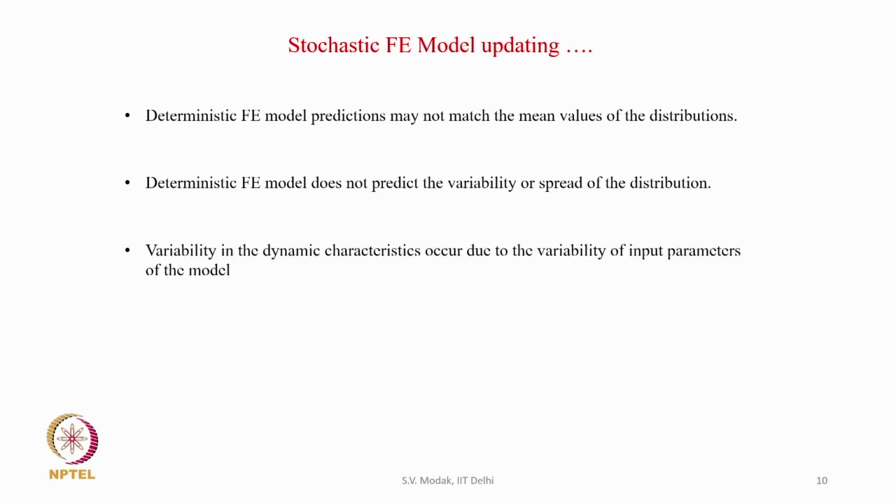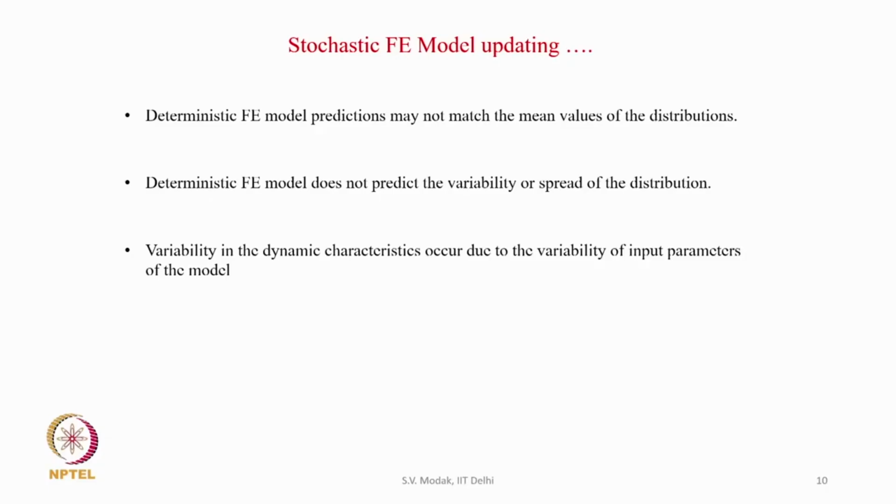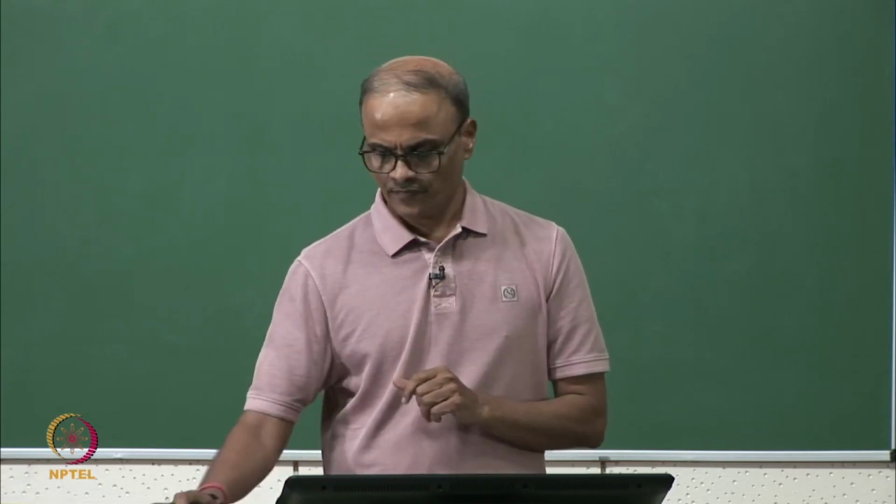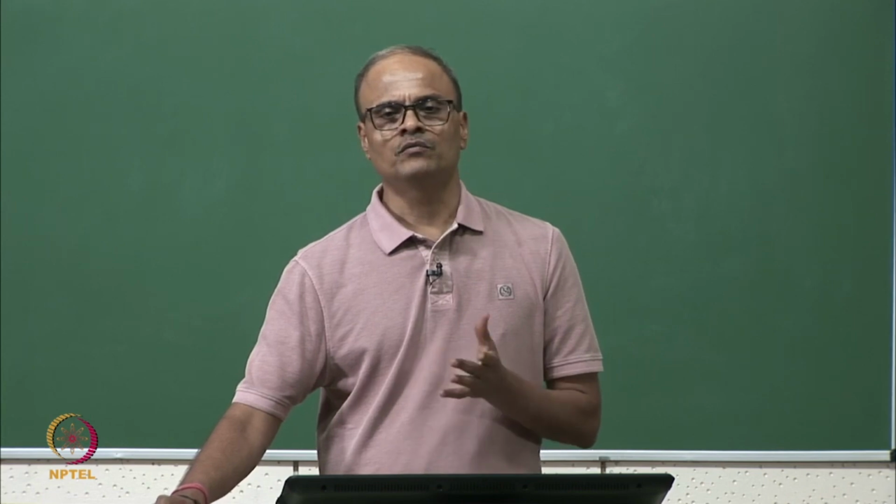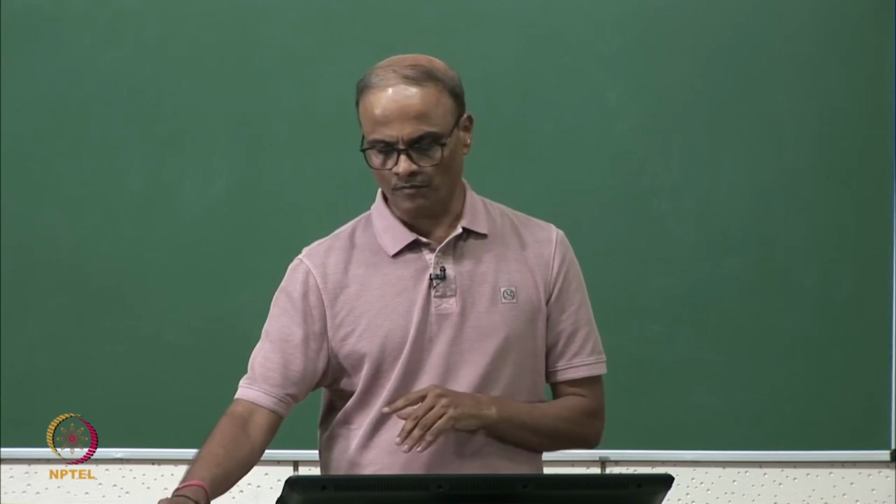Therefore, what we would like is that the FE model should be able to predict not only the mean values of the distribution, but also the variability of these distributions. That involves determining the variability associated with the input parameters of the FE model. That needs to be determined, and only then will the FE model be able to predict the distribution of the dynamic characteristics. So, this has led to the development of stochastic FE model updating.